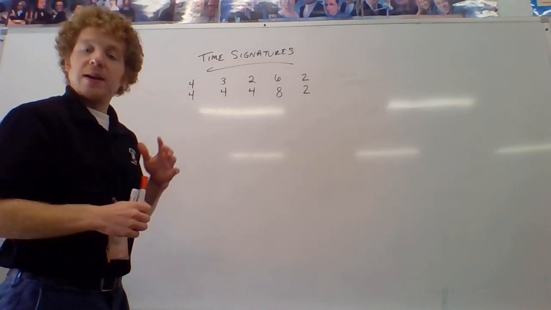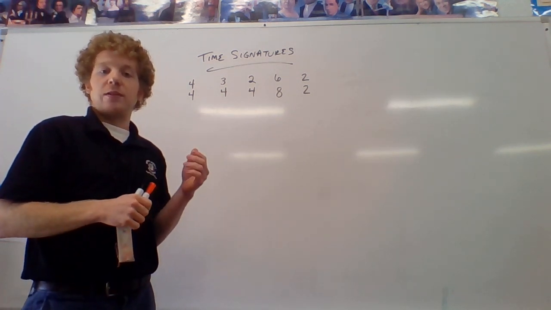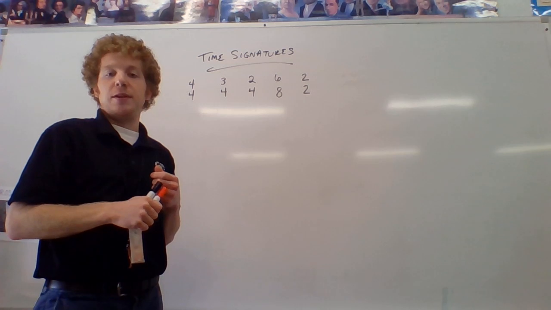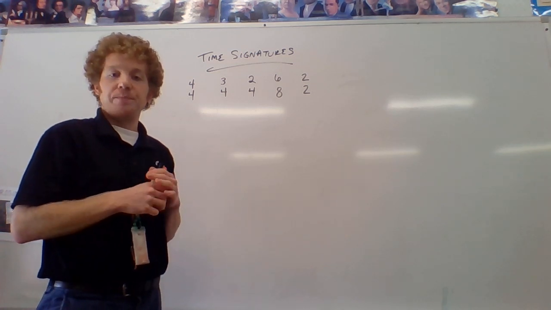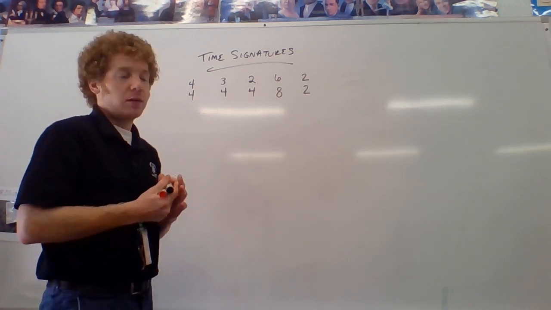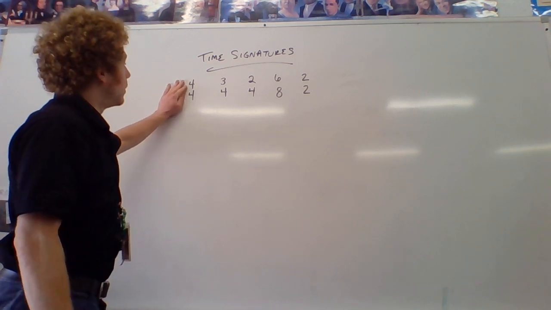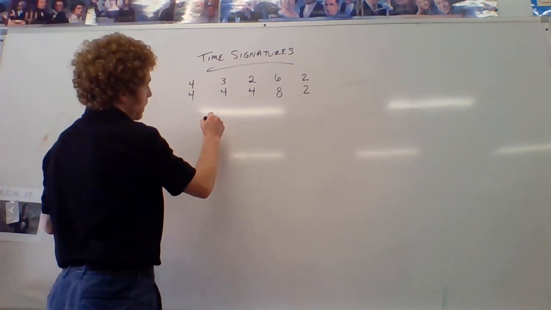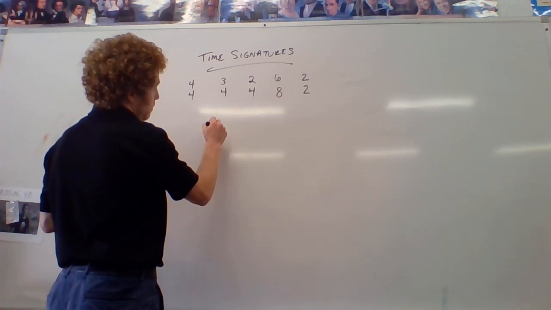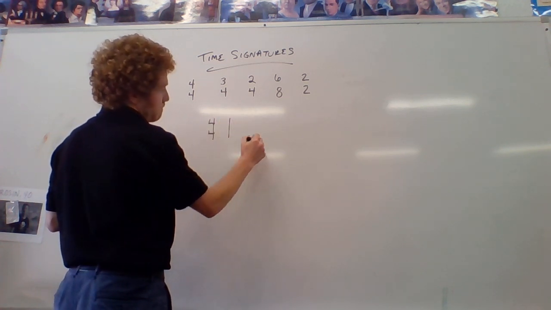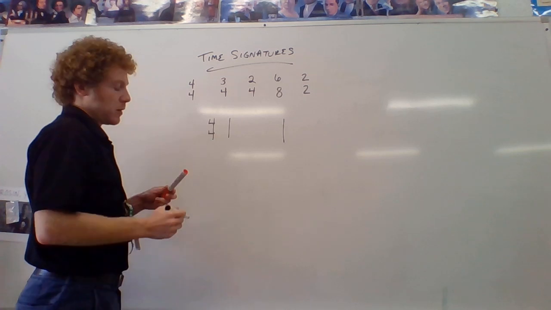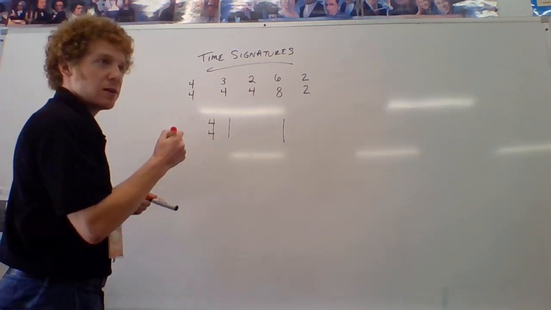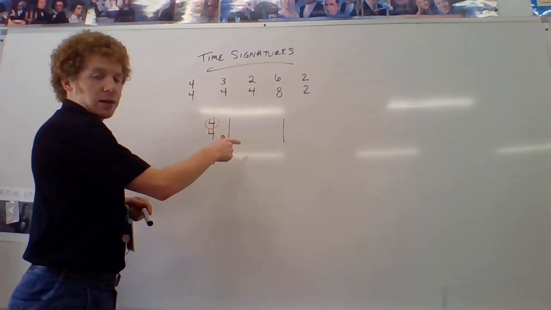So I said that a time signature is going to tell us how many beats of music happen in one measure. The top number tells us that. So, if we're looking at a measure of music in 4/4, there's going to be 4 beats in that measure of music.